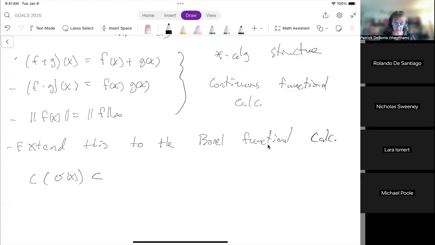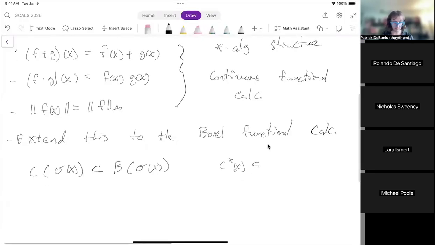Well, that sits inside the bounded Borel functions, kind of overloading B here. When it's not a Hilbert space, I'm talking about bounded Borel functions as opposed to the bounded operators on a Hilbert space. And then over here is the C-star algebra generated by your operator. Well, that sits inside the von Neumann algebra that's generated by the operator and its adjoint.